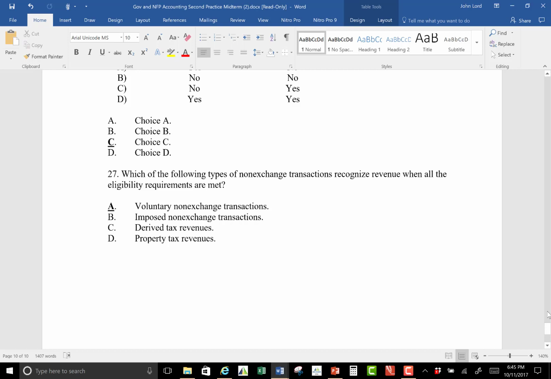We only worry about eligibility for the government mandated non-exchange, and even for those, usually it's a reimbursement grant that makes us worry about eligibility. It's only when we get to the voluntary non-exchange that eligibility really becomes a big deal, because we are actually applying for the funds through some sort of program. For these listed here, eligibility only becomes relevant for the voluntary non-exchange.